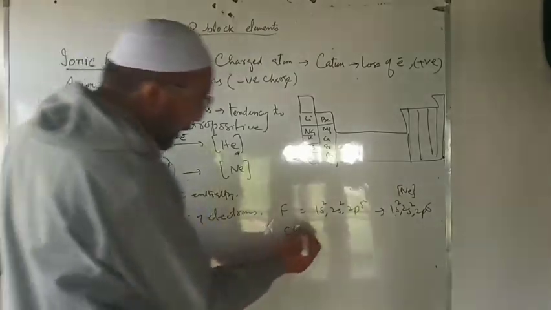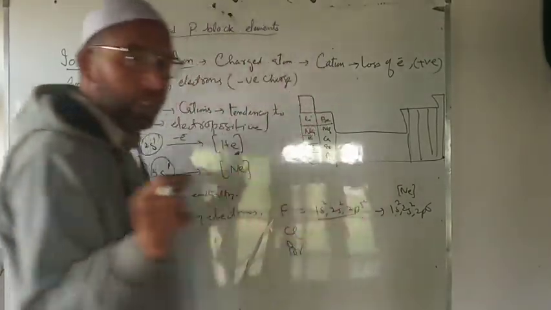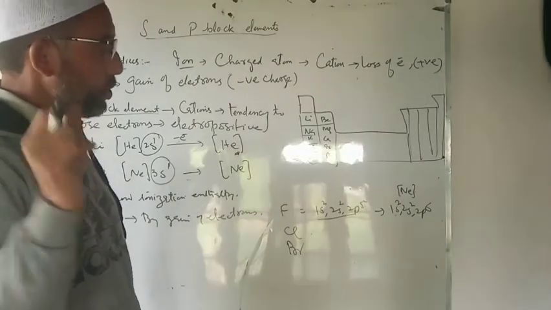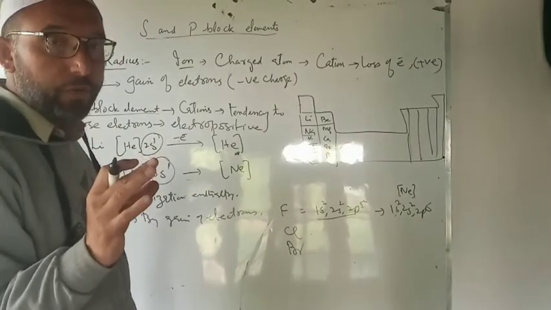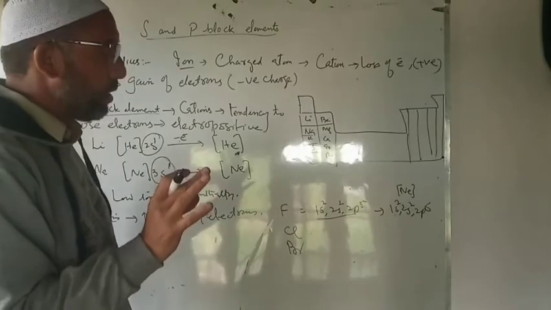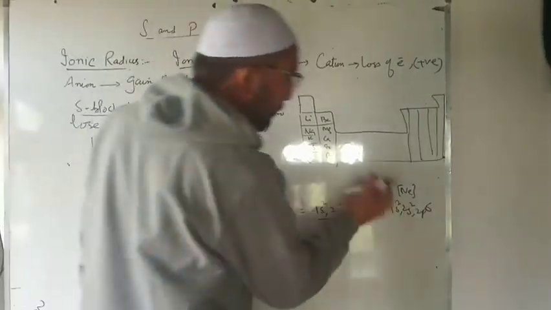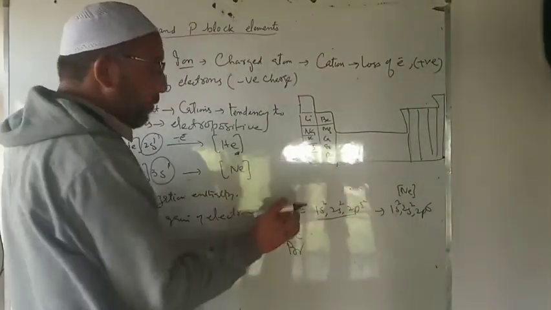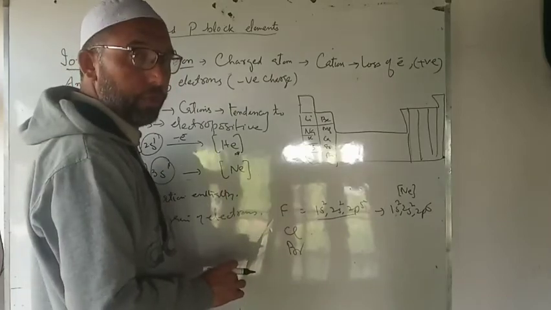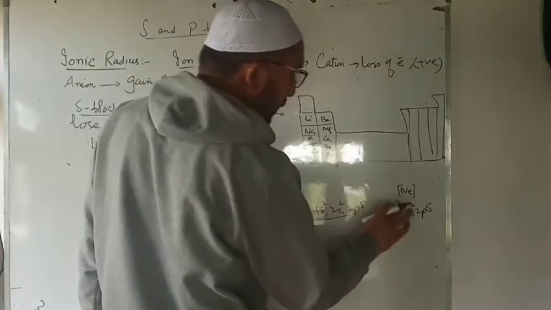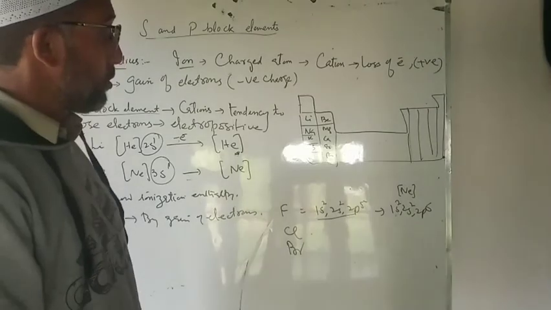You will find here that fluorine is one electron shorter. Its electronic configuration is just one electron shorter than that of neon. That means if we provide one electron to a fluorine atom, it will have an electronic configuration similar to that of neon.